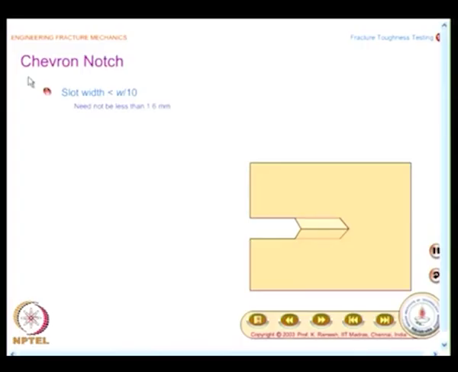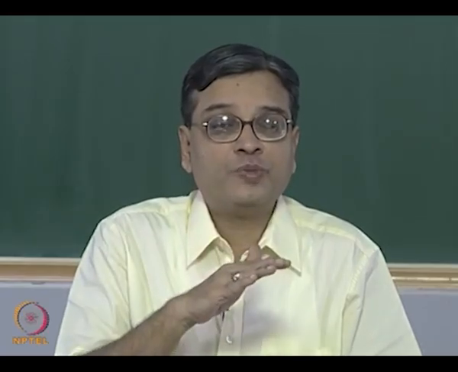My interest is to discuss what is a chevron notch, because I said you need to have a natural crack to conduct the fracture toughness testing, and we want the crack to be in a plane of our choice and it should propagate in a particular fashion. This is assured in a chevron notch.